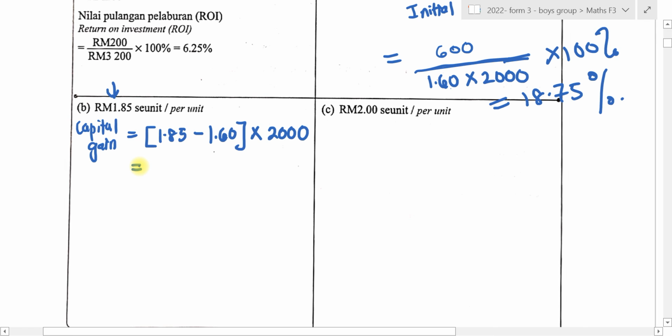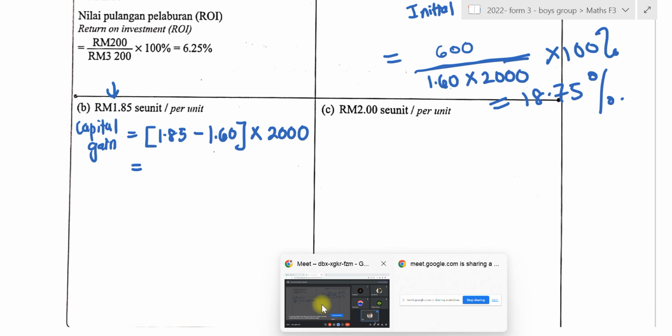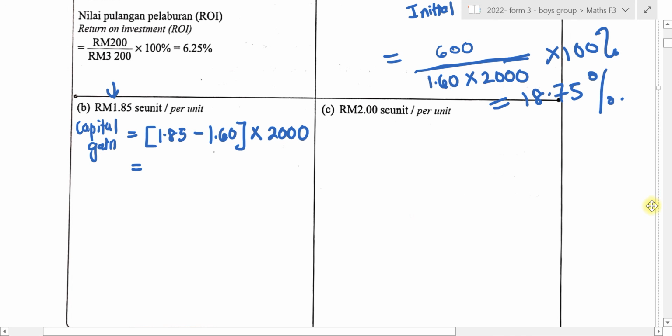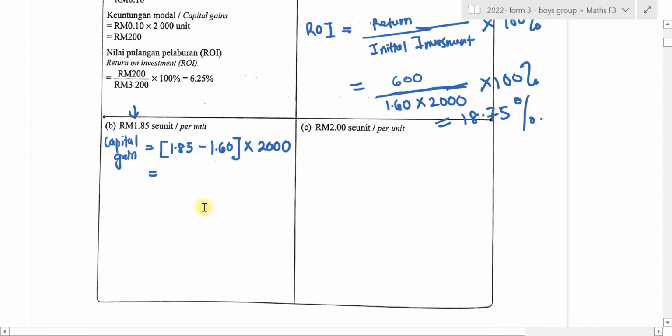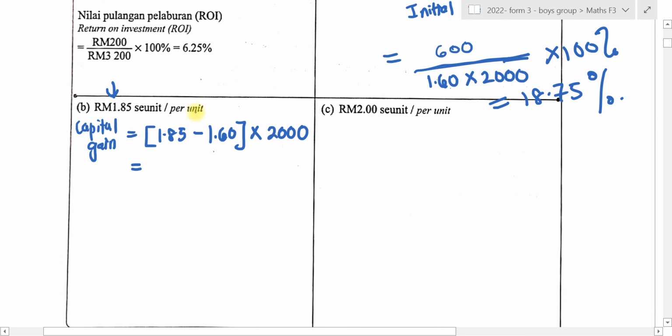After Tan, Sharvinat, your turn. How much is this? Sharvinat, are you there? 500, sir. RM 500. Okay, good.